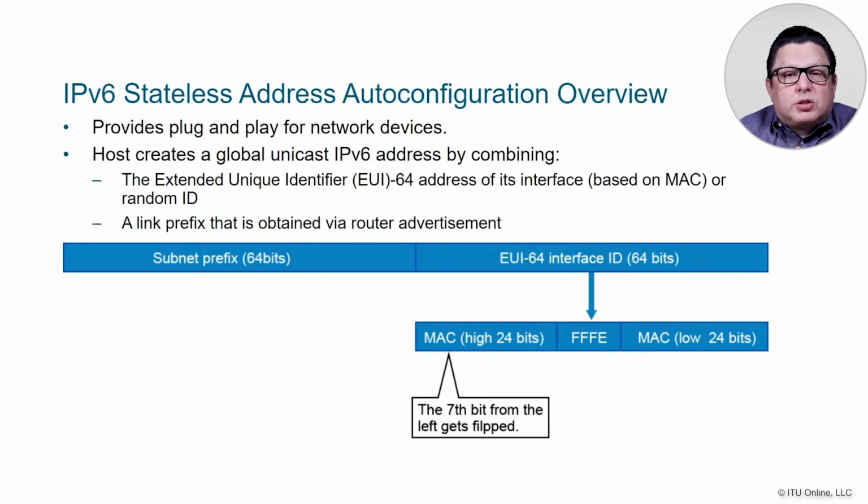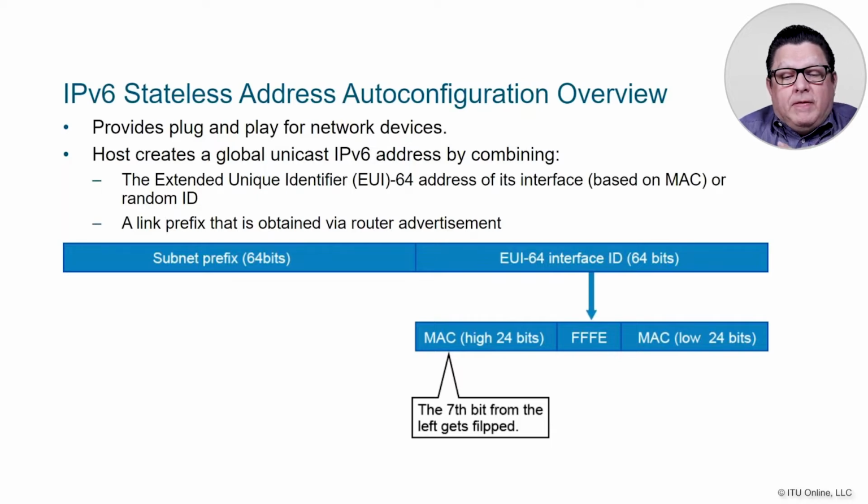And also, because of the way that the OUIs were assigned, with some overlapping, the 7th bit, called the UL bit, the universal/local bit, is flipped, and that's just to guarantee a globally unique address.